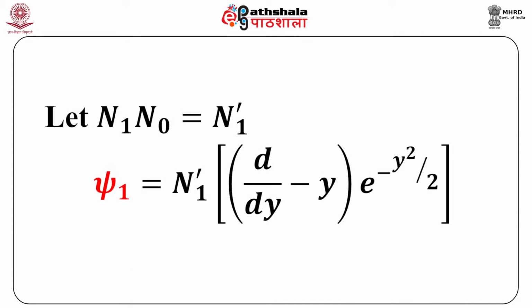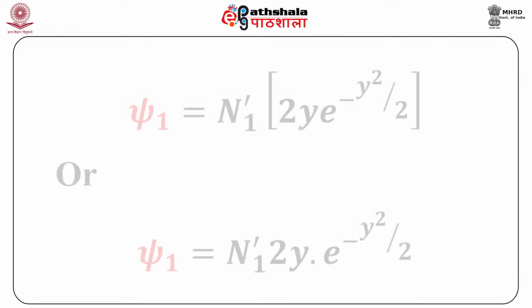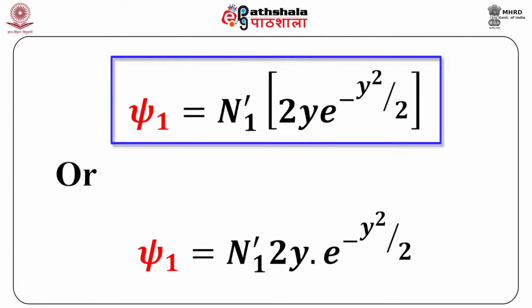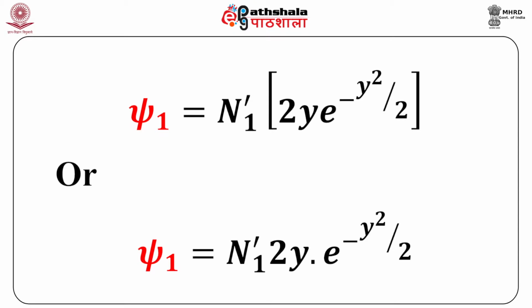Now if n0 and n1 are combined, it becomes n1 prime, and if we simplify further, we get psi 1 is equal to n1 prime 2y e to the power minus y square by 2. So this is the expression for the first excited state, which is for v equal to 1.